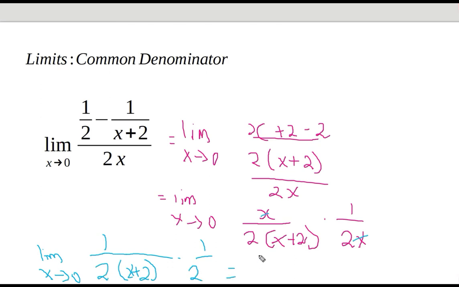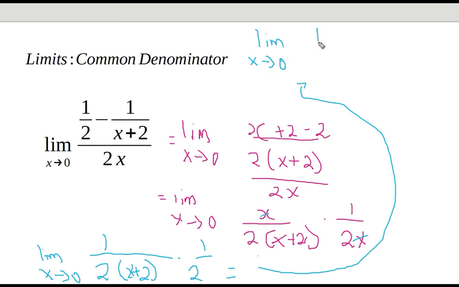I would want to continue here. We have the limit x approaches 0, 1 over 4, that's coming from 2 times 2 here, into brackets x plus 2.